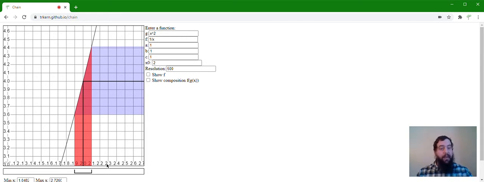We take the derivative, that's going to give us 2x. We plug in x is equal to 2 because that's where we are on the graph. And that tells us that the slope, when we zoom in, is going to be approximately 4. Well, the slope is going to be exactly 4, but it's going to be approximately a line.